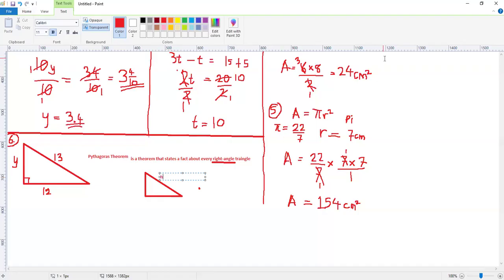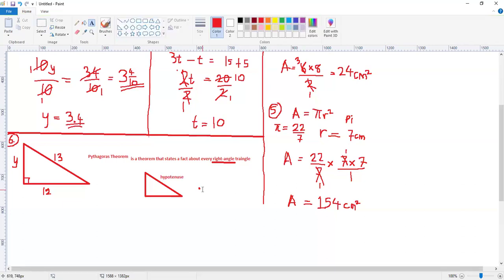Let me type it. Don't worry. Can you see it? Yeah. Okay, that's what it's called. It's called the hypotenuse. That's the longest side.